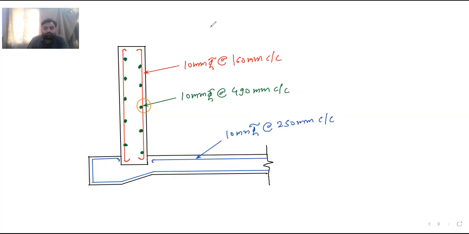And also the distribution bars, if I show over here, these are the distribution bars.